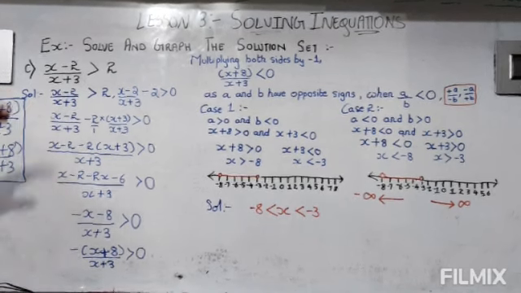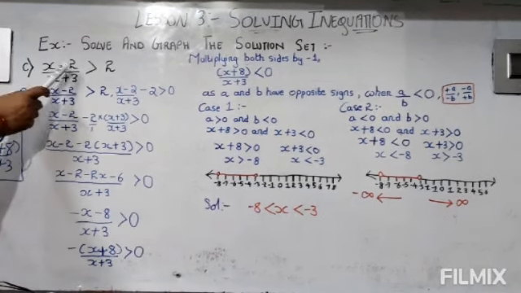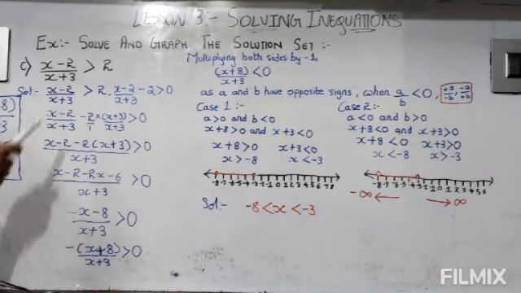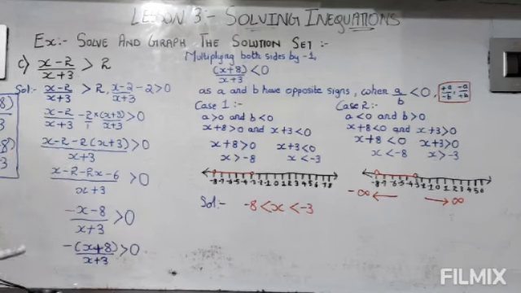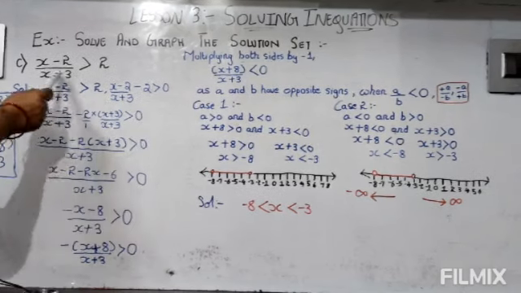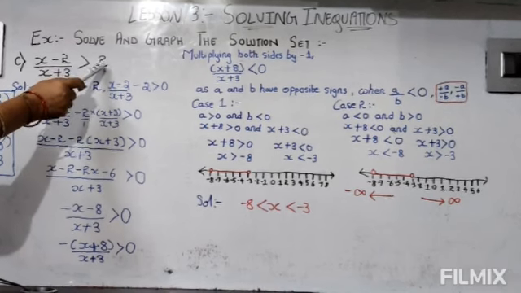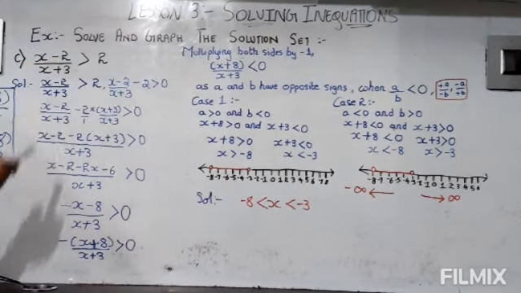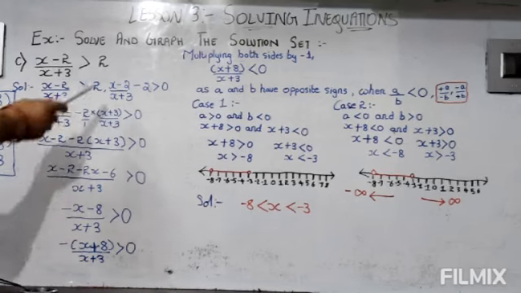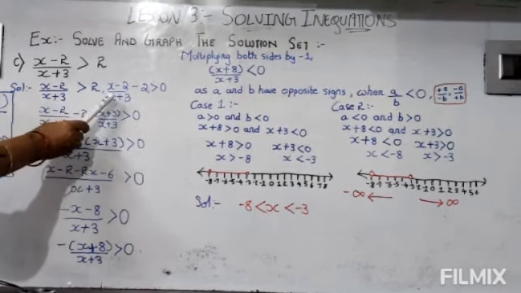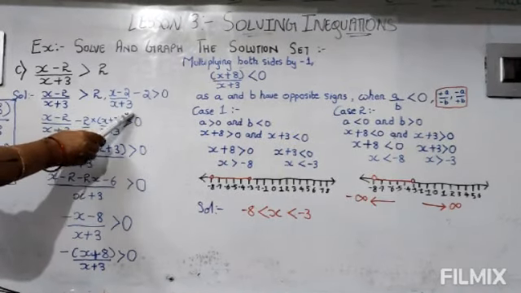Look at the sum here. x minus 2 by x plus 3 is greater than 2. So, in this sum you should bring the 2 towards the left hand side. Look here, x minus 2 by x plus 3.